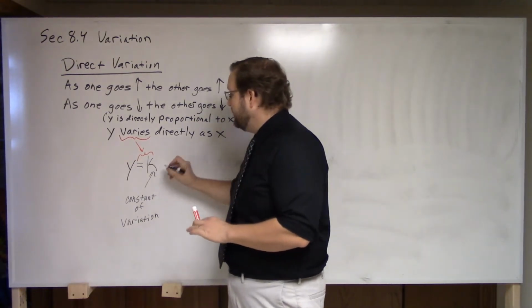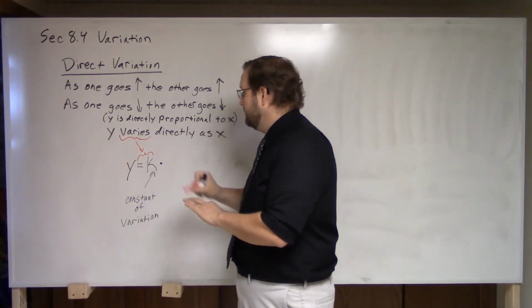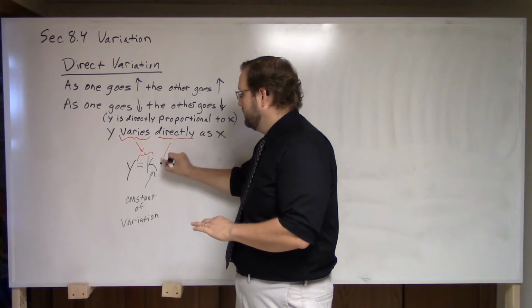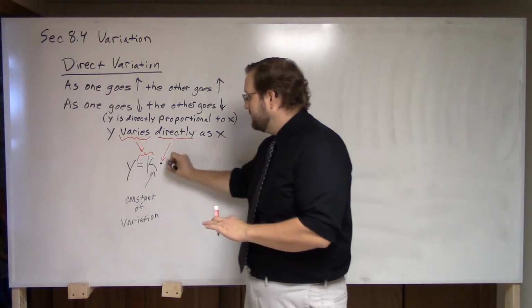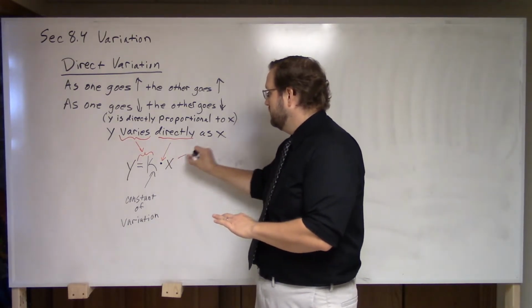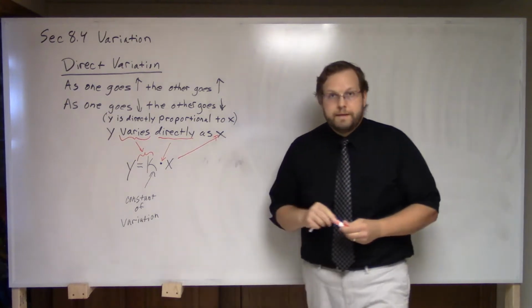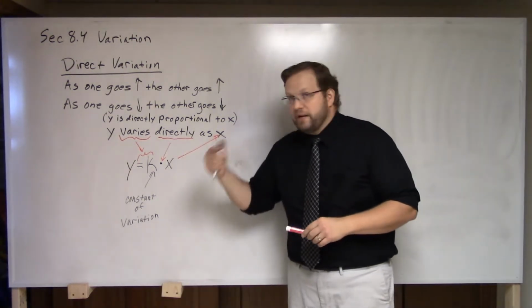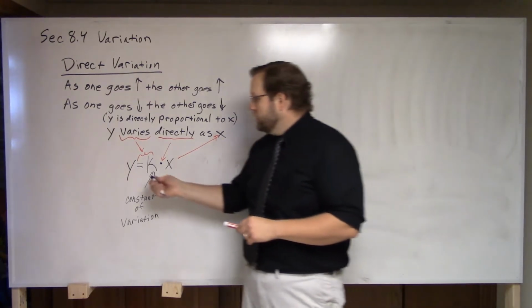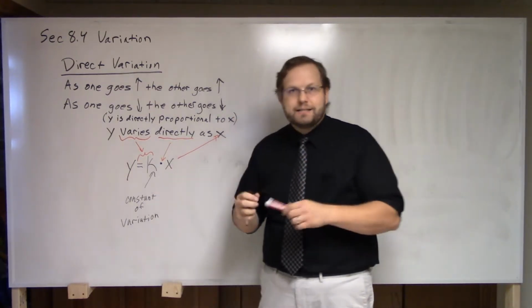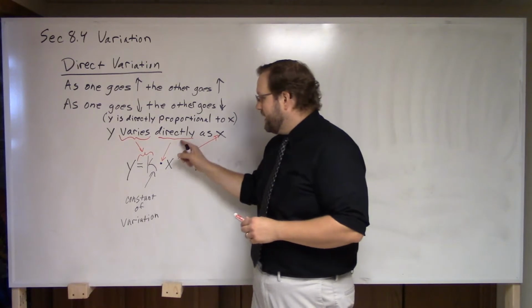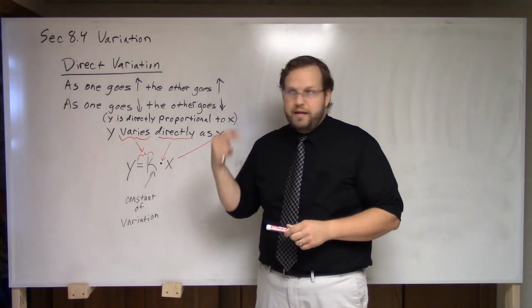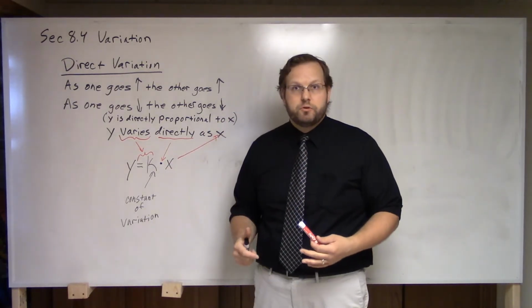Directly simply means we are multiplying, and then x is x. That's all the translation comes down to. So whether it varies or you're proportional to, you're going to have equal k. That constant k has to be there. Directly means you multiply, and then x is x. Nothing more to it than that.